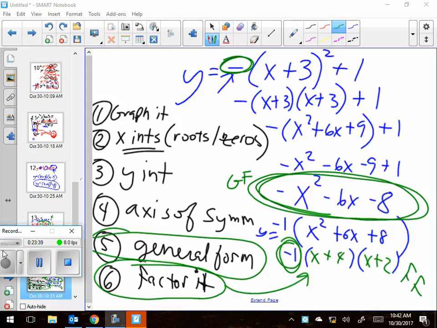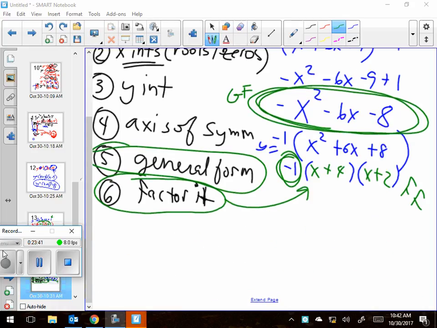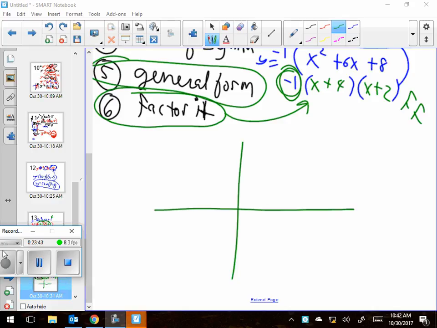Well, if I made a picture of it, you're supposed to graph it anyway, right? I would like this part to be done when it's here, because factored form is so nice for graphing. I know it hits here at -2, and I know it hits here at -4, and I know it's upside down, which means it goes like this. Cool.